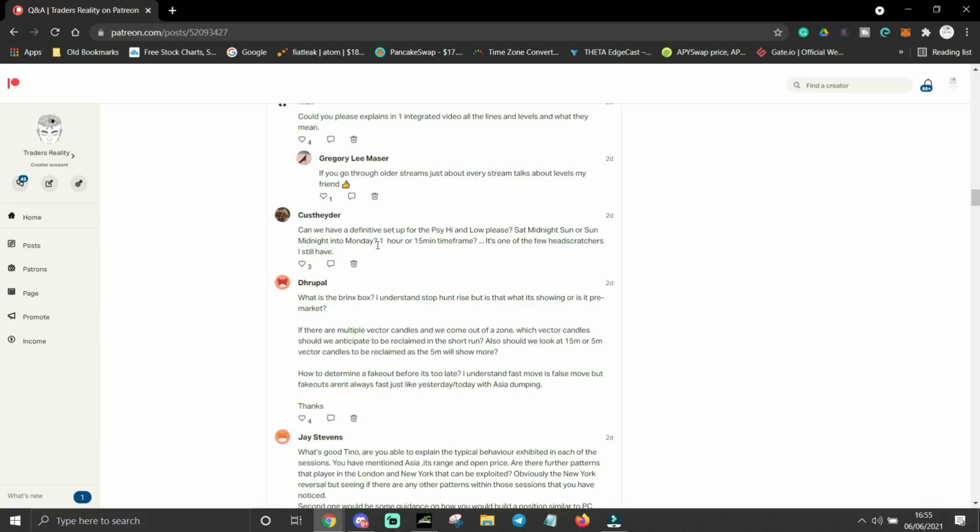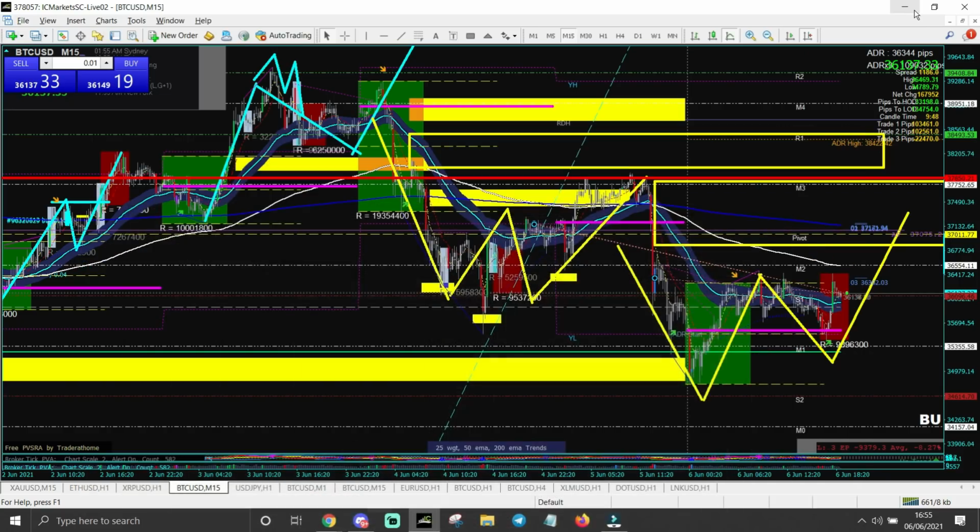Can we have a definitive setup for high low, please? Midnight Saturday. The psychological high and low is different if you are using MT4 in different parts of the world. Some of you have Helsinki as your broker, some of you have different servers. It all depends on where you're signing up from. But the general consensus is it always appears tonight.